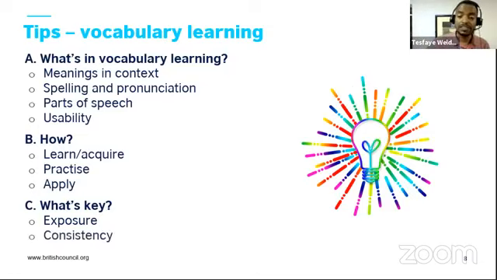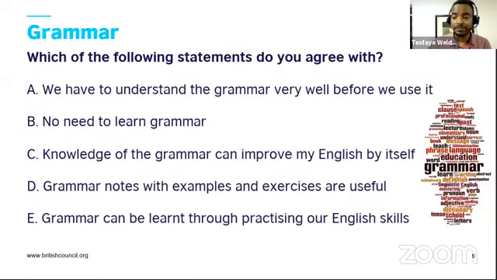So it's important, and you need to be consistent with it. Not just for 1 week you try to expose yourself and you leave it. You need to use it as often as possible, create those exposures for yourselves, then you are less likely to forget them. Okay? Right. Moving on to grammar.